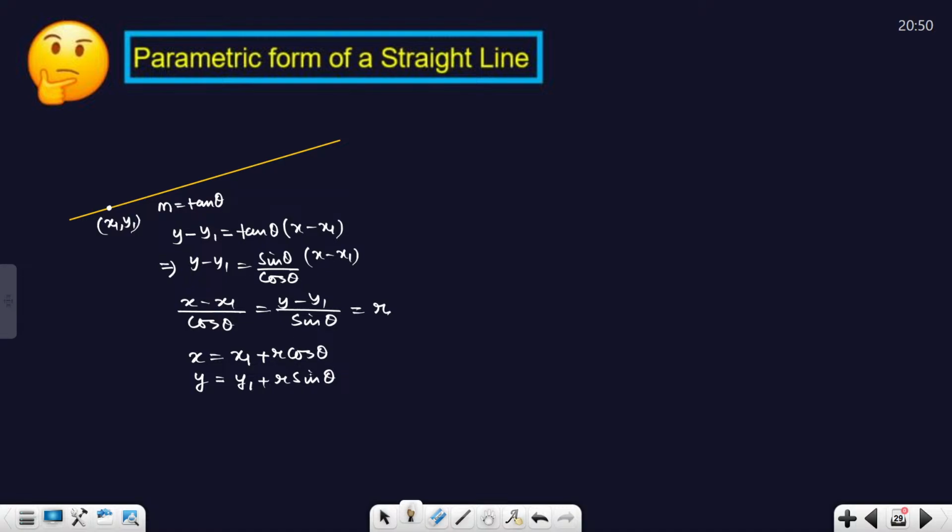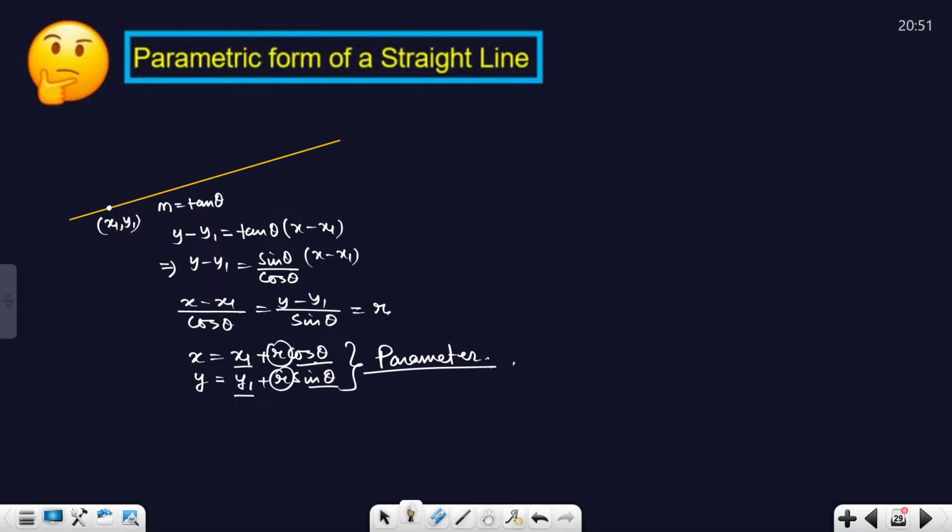But the question comes, sir, I have understood what is x1, what is y1. That's clear to us. Even we know what is your cos theta and sine theta because we know the slope. That is, we know the tan theta. We know the tan theta means we know sine theta and cos theta. But the question is, what does this r signify? This r is what is called your parameter. That is why it is called parametric form.